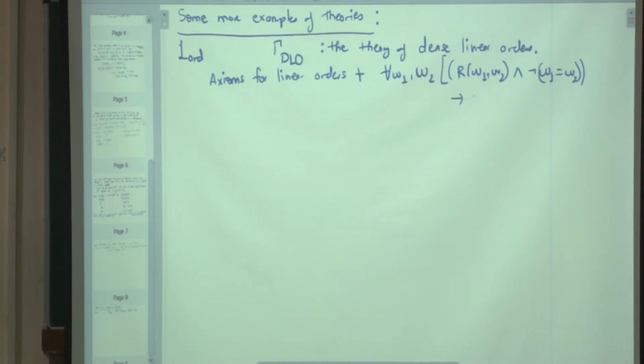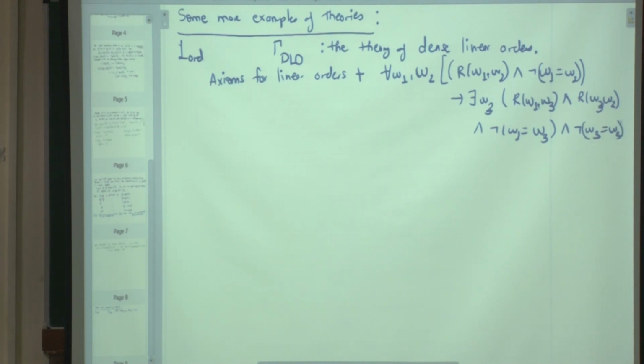Then there exists a W3 such that R W1 W3 and R W3 W2 and negation W1 equal to W3 and negation W3 equal to W2.